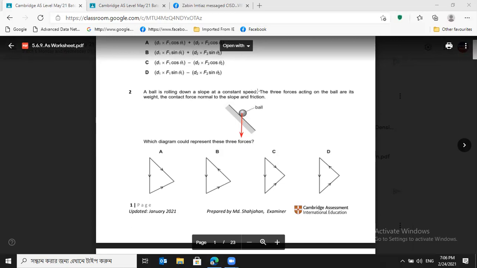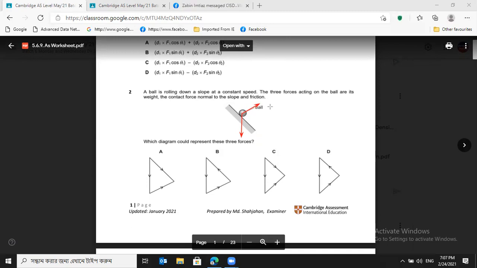Okay, then we have normal contact force normal to the slope. So this one is normal contact force. It is perpendicular to the slope. This is normal. I will label them also.